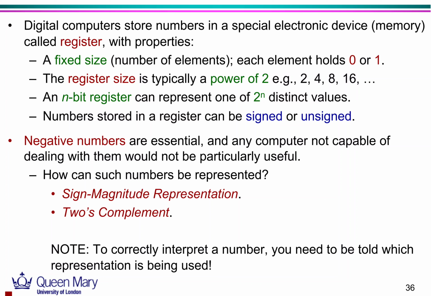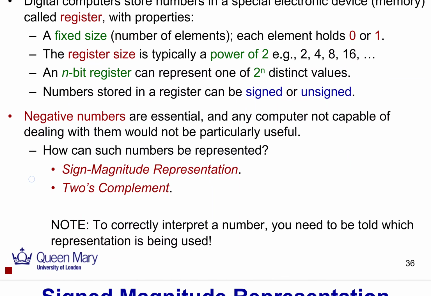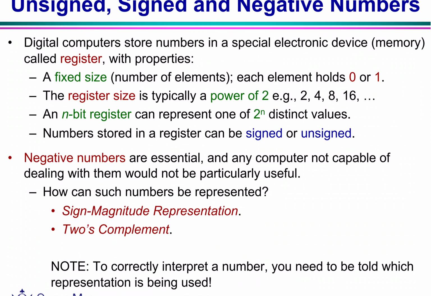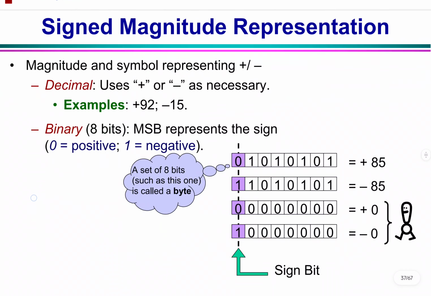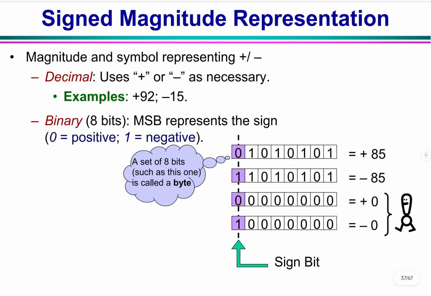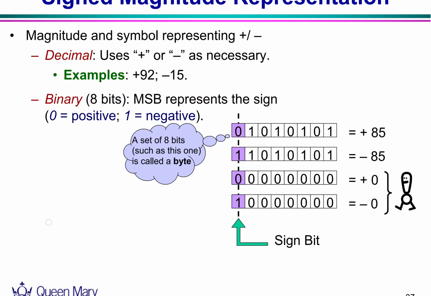So how about sign magnitude representation? To correctly interpret it, you need to be told which representation is used: sign magnitude representation and ones' complement. What a sign means is just one extra sign bit. Binary bits must be related to say what it is.